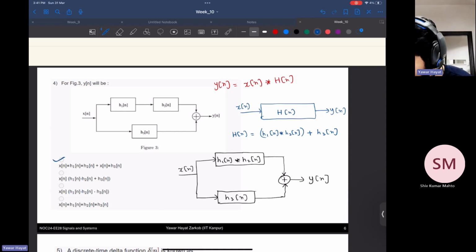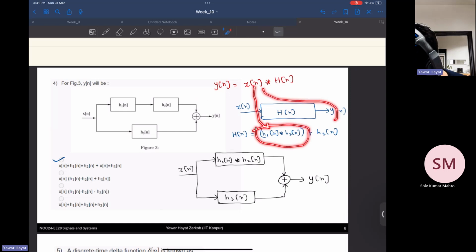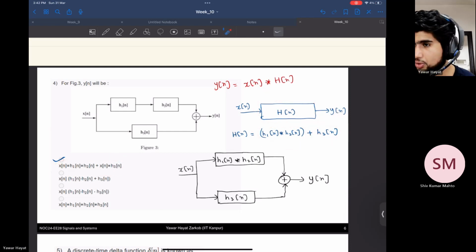Why? Because we know that the convolution operation is distributive. So x of n would be convolved with this term, and x of n would be convolved with this term, plus something. Hope this is clear.